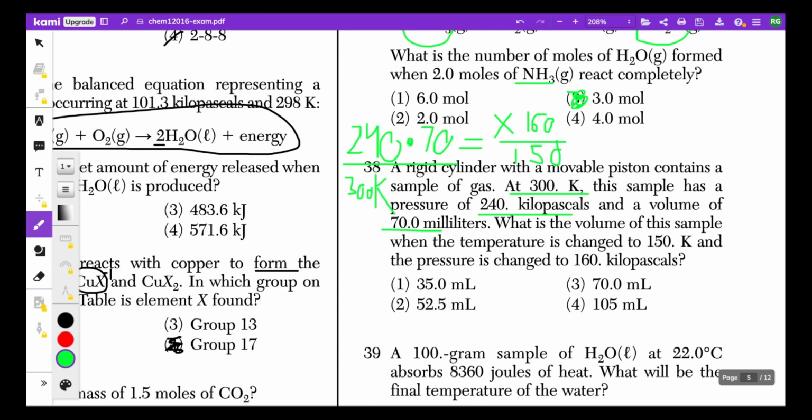Also, y'all got a calculator in the Chem Regents, and I actually have a really cool trick with the calculator. All right, and this is probably going to save your life. Okay, it's a crazy hack. So divided by 300 times 60.